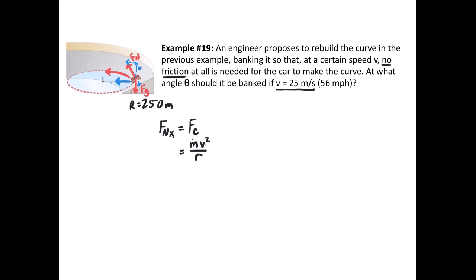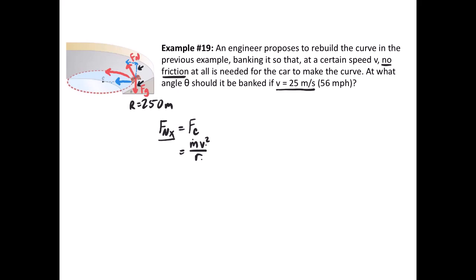We don't have the mass, but remember last time the mass canceled out. We've got the r, same curve as before. So now we just need to deal with this normal force, the horizontal component. Well, if you think about it, we can already say that the vertical component of the normal force is equal to the force of gravity.